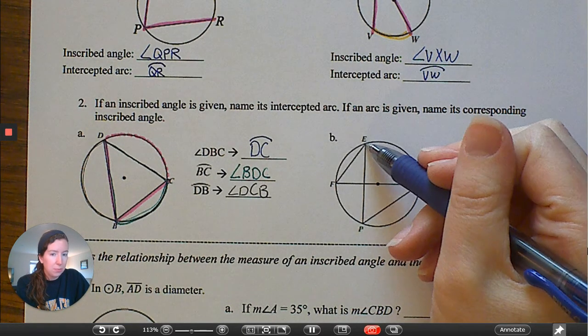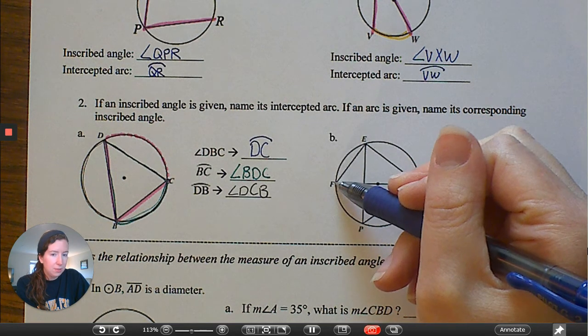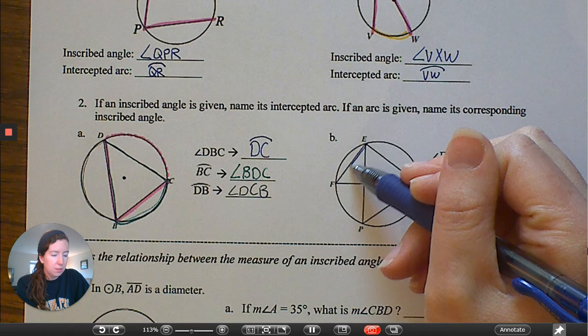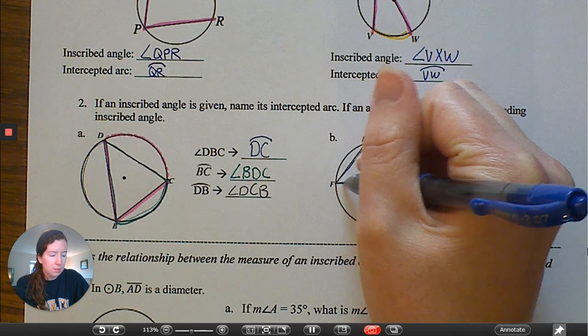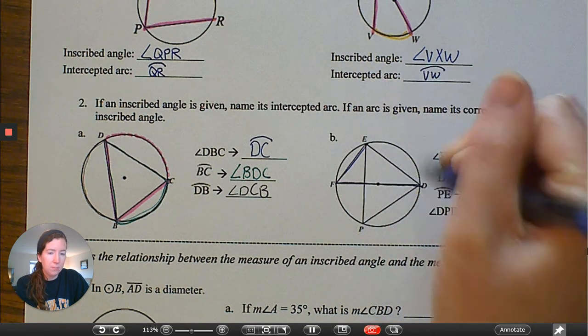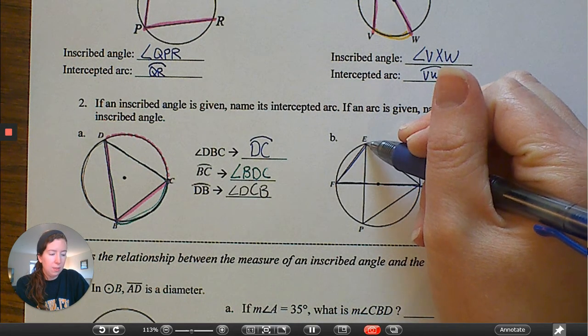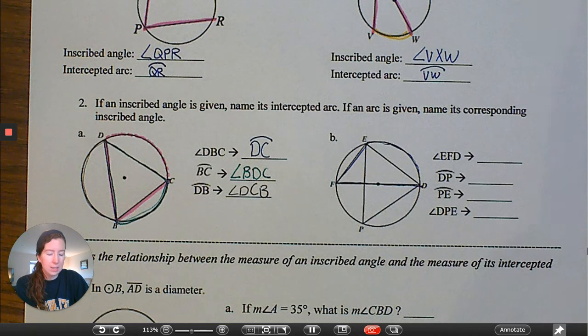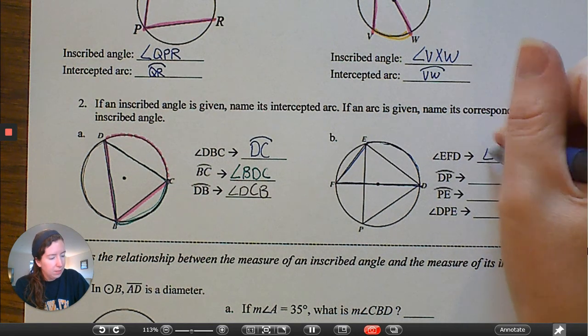EFD. So if I go from E to F to D, so here's the cone, here's the inscribed angle, and then the really weird ice cream cone on top is ED.